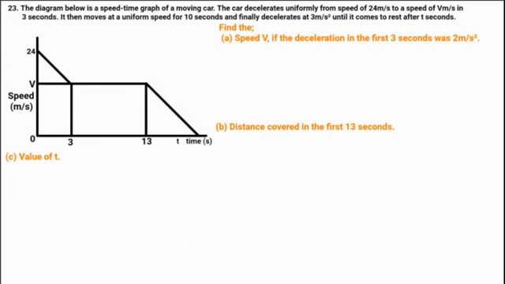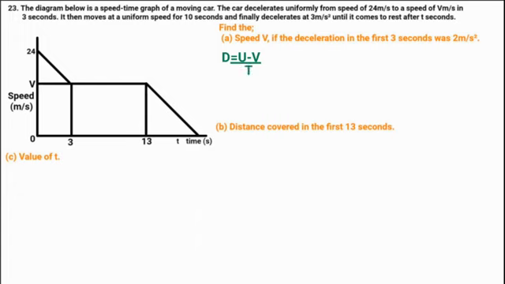So what we're going to do now is use the formula of deceleration, which is deceleration is equal to initial speed minus final speed over time.